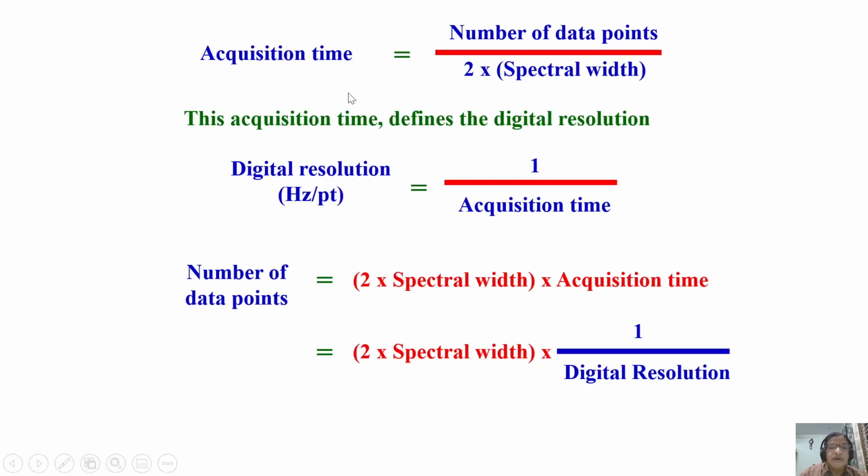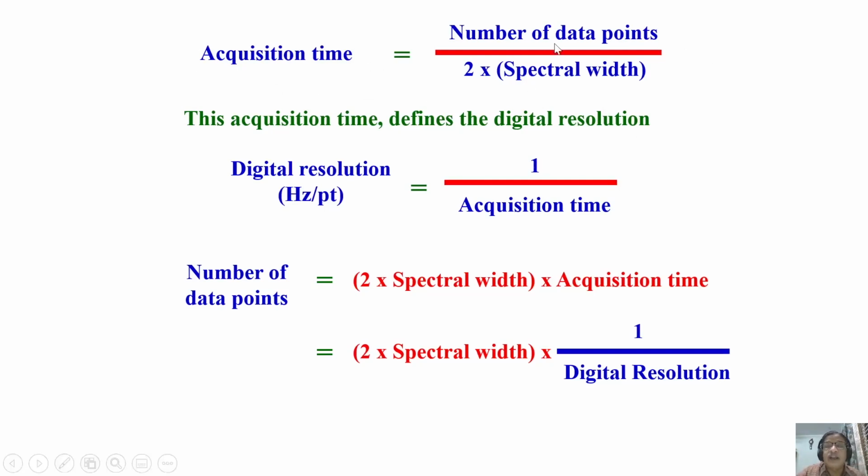The acquisition time defines the digital resolution. See, you can't have a shorter spectral width. If you have a shorter spectral width, your acquisition time becomes longer. You have to acquire a signal for a long duration. Probably your signal would have died down within a few seconds, but you may still be acquiring signal for a few more seconds. That's not good.